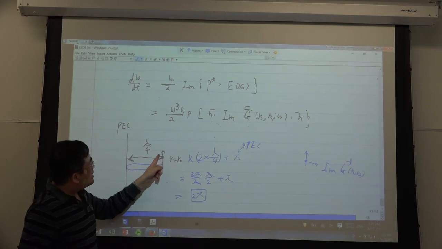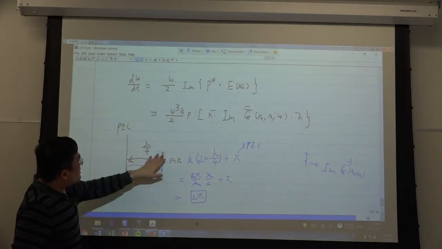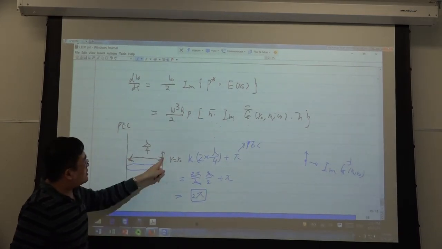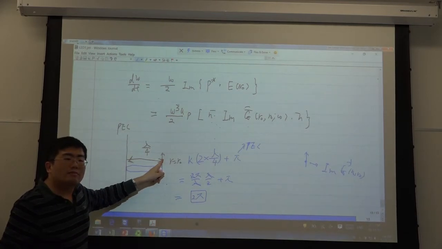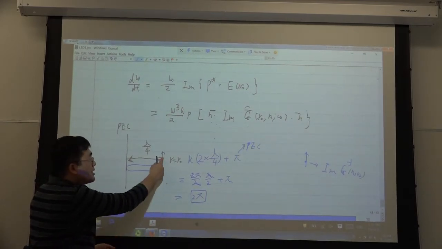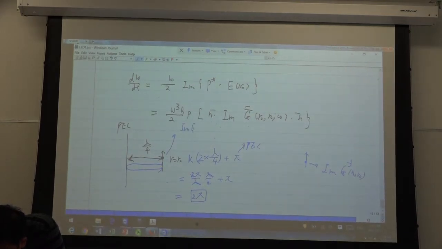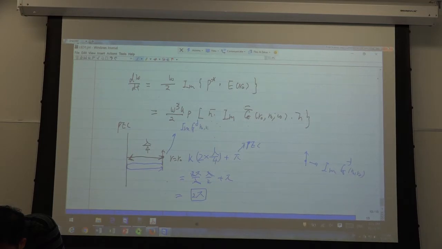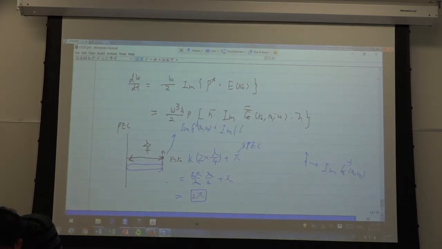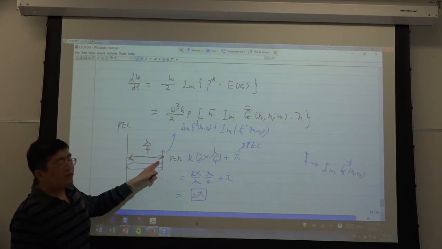But why do I put a PEC? If I design it properly, this field will be enhanced. Right? Because it has two kinds of field. One is from the free space Green function. Another is just from reflection.